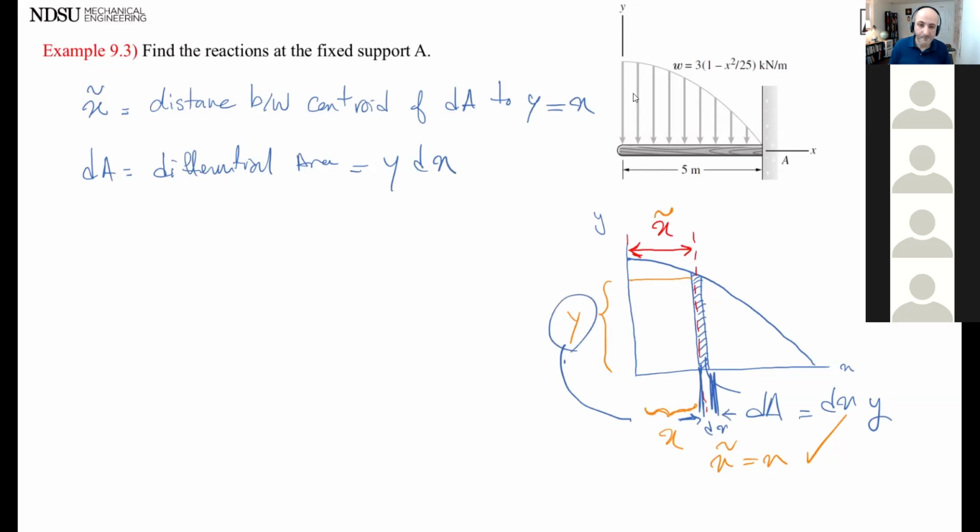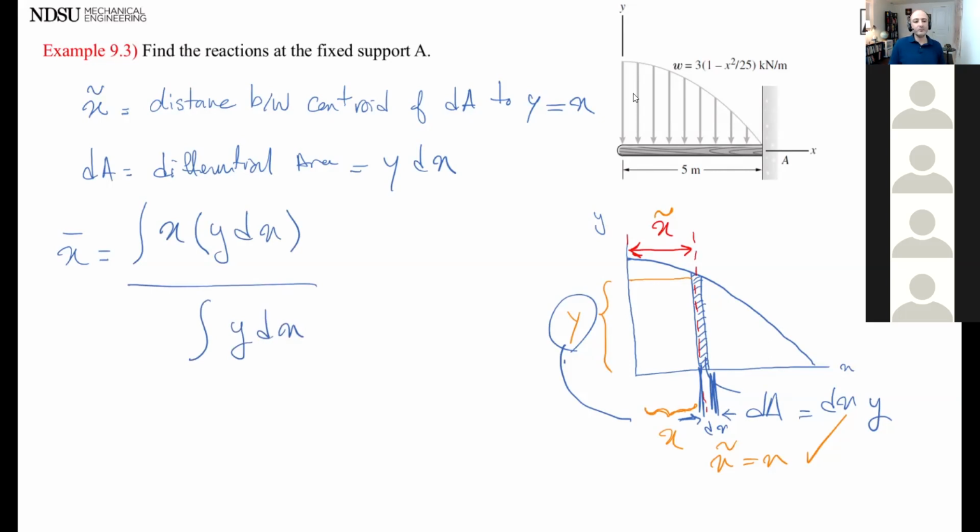All right, so let's put it back in the equation. X bar equals the integral of x tilde dA, which is y dx, over the integral of dA, which is y dx.